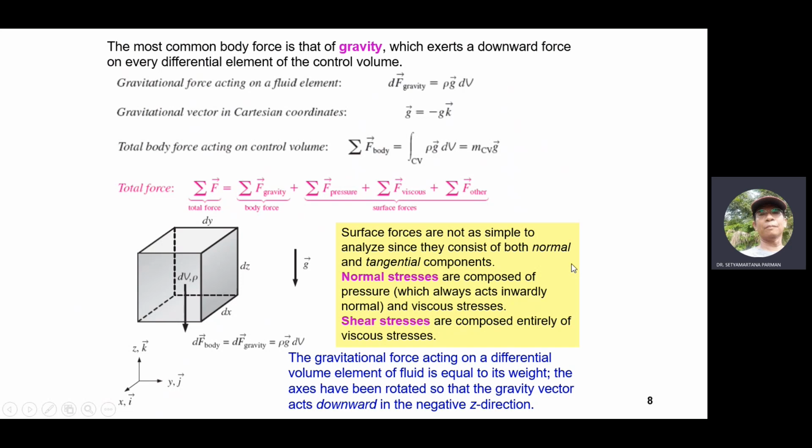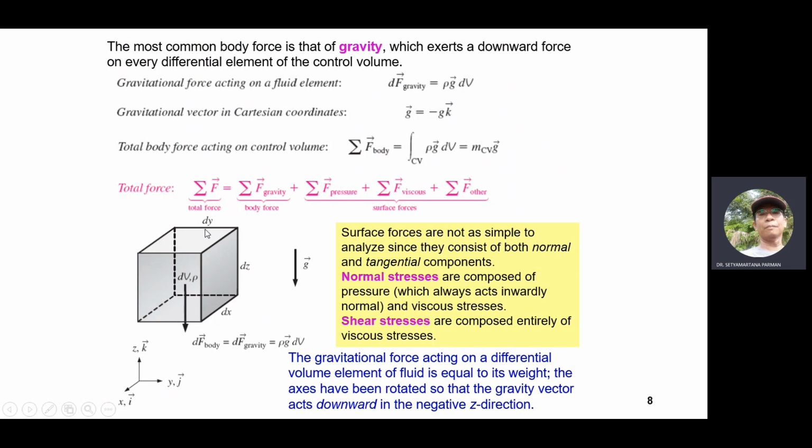Surface forces are not as simple to analyze since they consist of both normal and tangential components. The normal stresses are composed of pressure, which always acts inward normal, and viscous stresses. And then the shear stresses are composed entirely of viscous stresses.